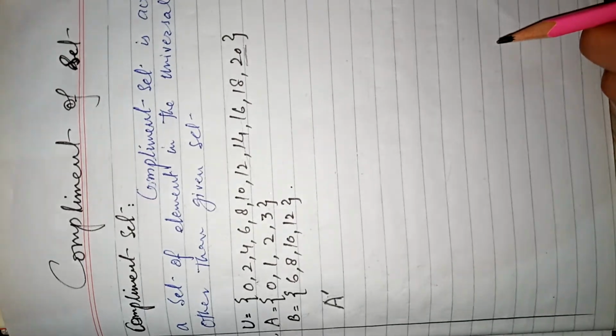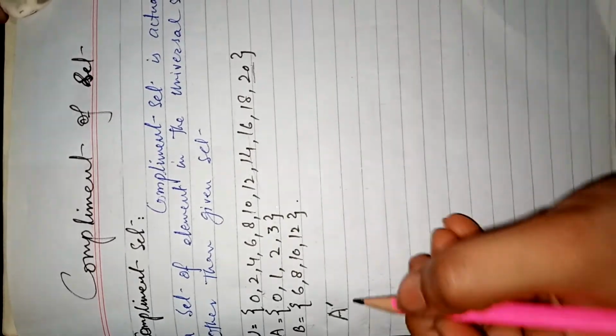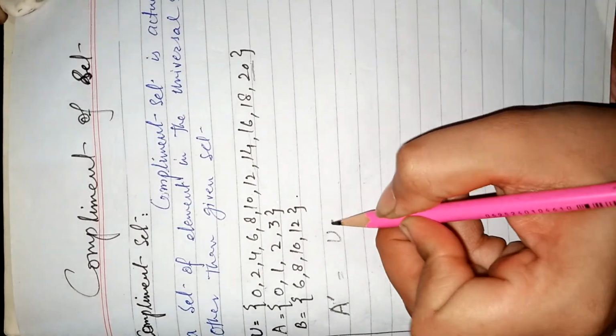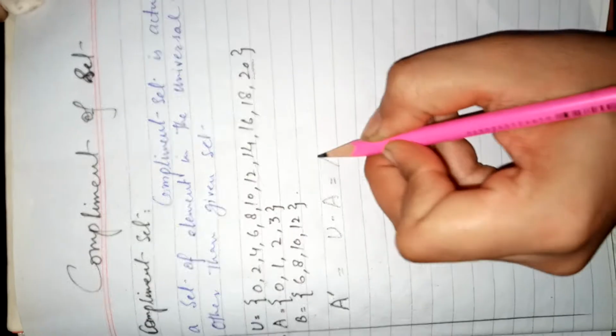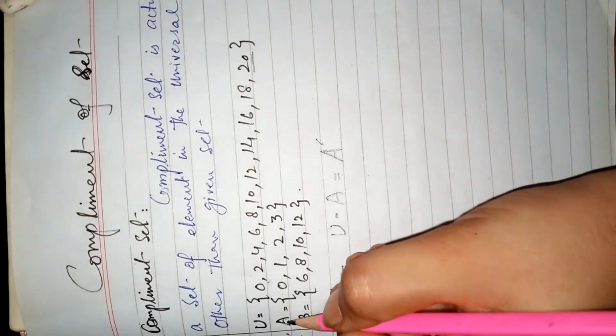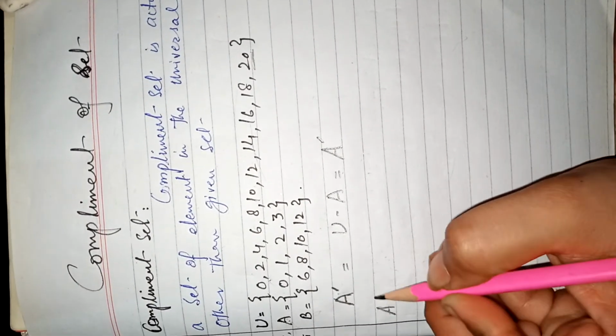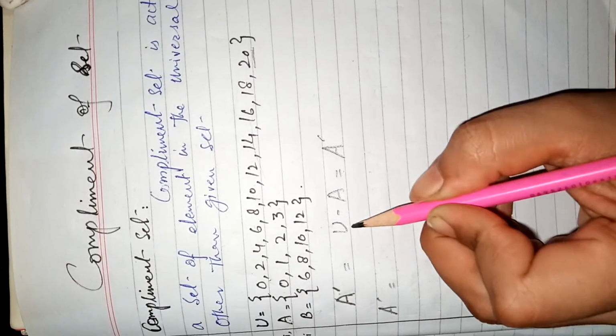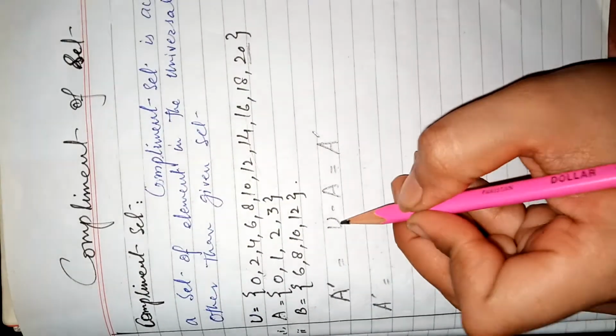So all the elements from the universal set which are not there in set A are called the complement, like U minus A is equal to A complement, that is, A dash. So we will solve question number 1, A complement. We have a formula, U minus A.